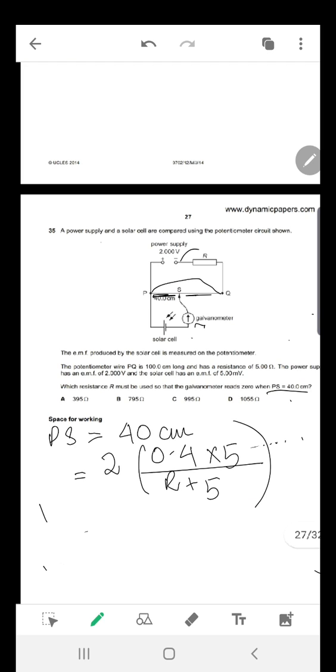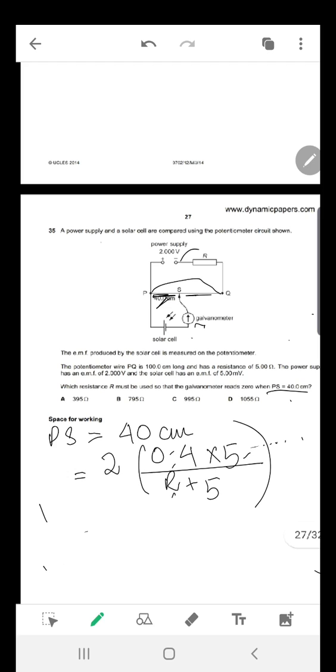So it's a potential divider. Since the total resistance of 1 meter is 5 ohms, the resistance at 0.4 is given, and the total resistance of the circuit you can calculate by extracting R out of it.